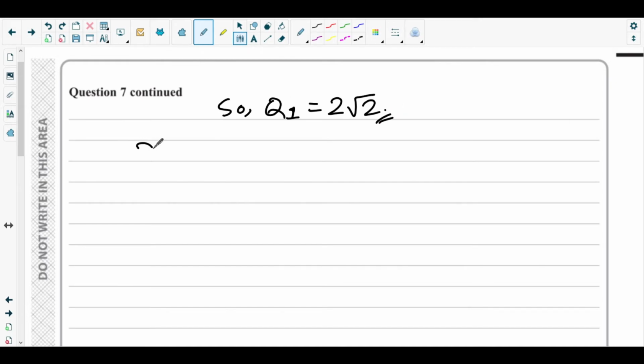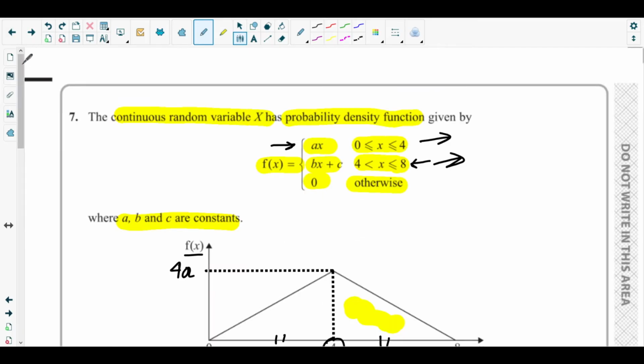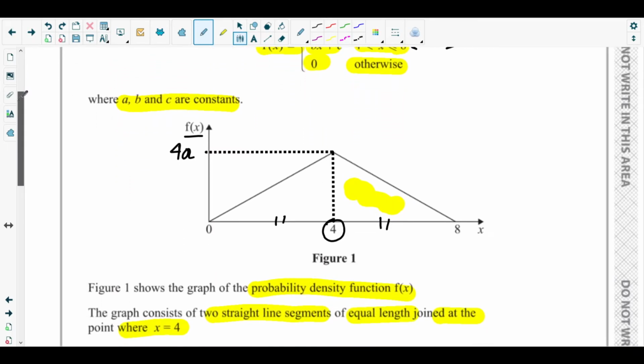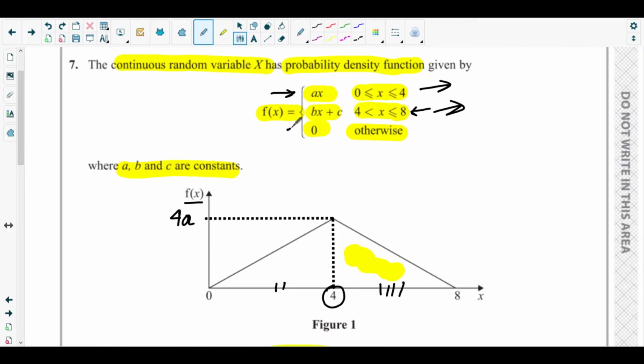Done. Next is Q3. So Q3 is how much area? Okay, before considering the area, Q3 is basically 0.75, 3/4 of area. So definitely it will be in this region, right? So in this region we need to consider the second equation, that is bx plus c.